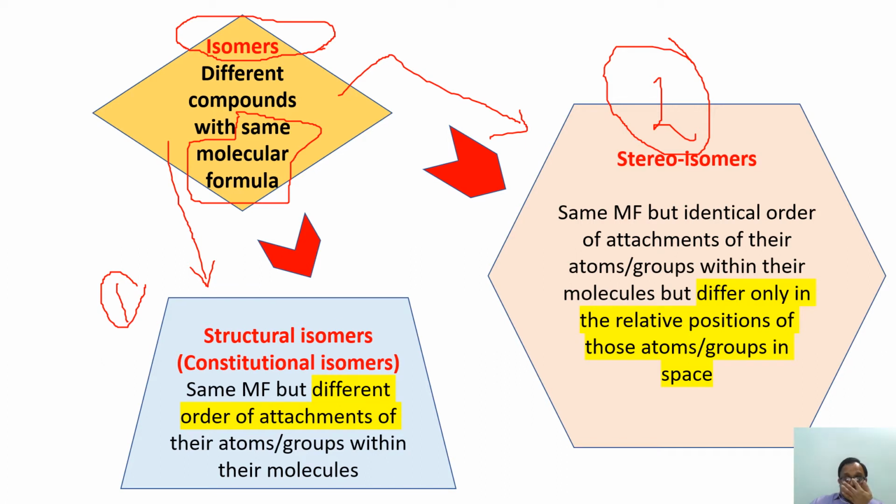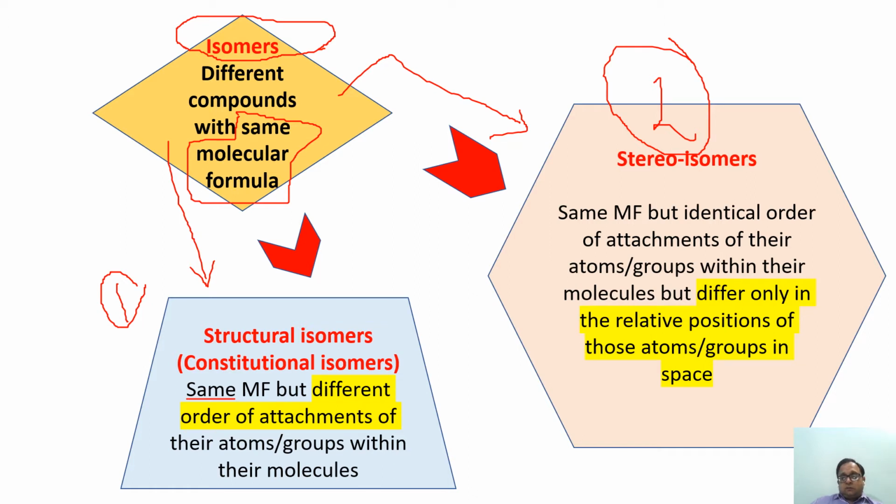Structural isomers are the compounds having the same molecular formula, but they differ in the order of attachment of their atoms and groups within their molecules. Here we can quote the examples of chain isomerism, position isomerism, and keto-enol tautomerism. This part is already covered in your previous semester subject, organic chemistry.